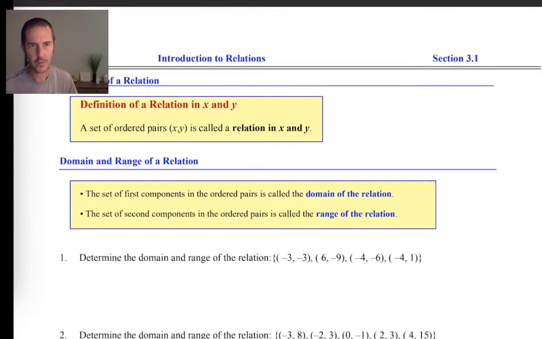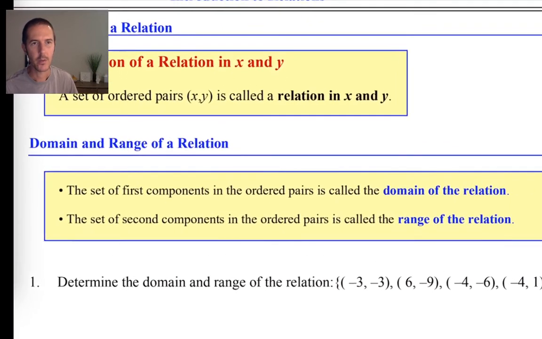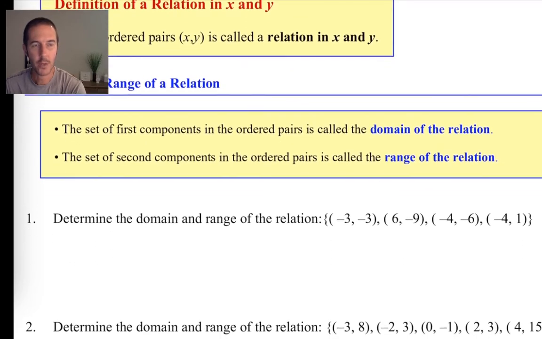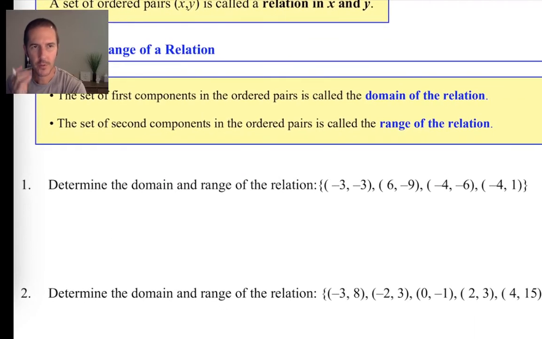And as we see in this second yellow box here, the set of the first components, if you looked at just all of the first components in a set of ordered pairs, we call that the domain. And if you took all of the elements in the second position in all of your ordered pairs, we call that the range.